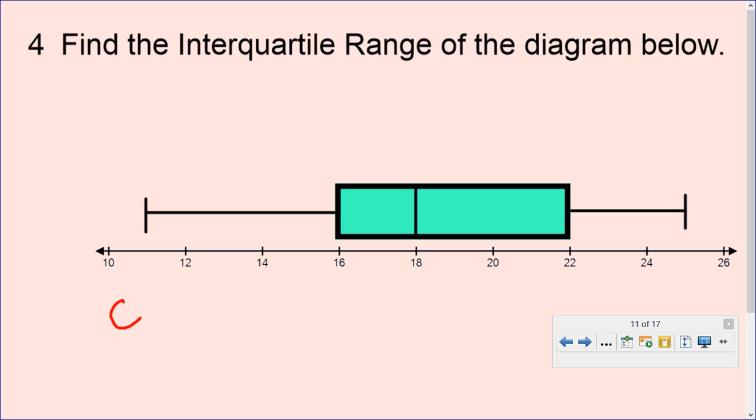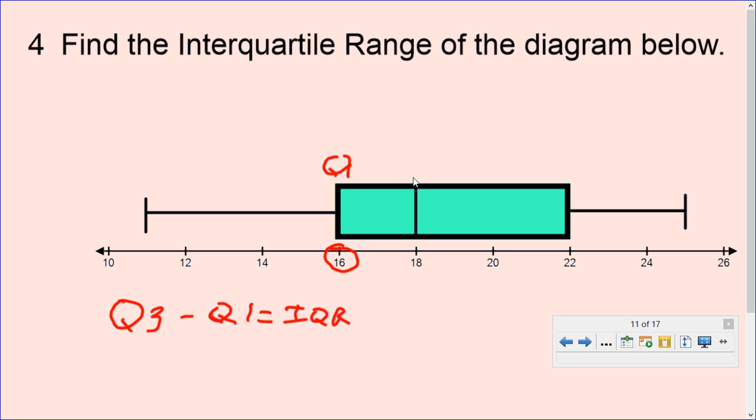So quartile 3 minus quartile 1 equals the IQR, interquartile range.